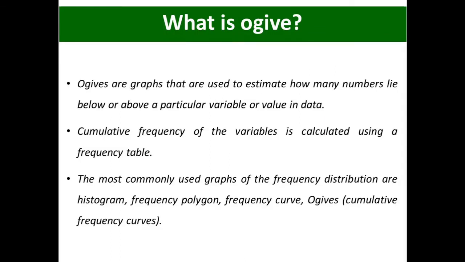But before that, we must know what an ogive is. Ogives are graphs that are used to estimate how many numbers lie below or above a particular variable or value in data. To construct an ogive, firstly the cumulative frequency of the variable is calculated using a frequency table.